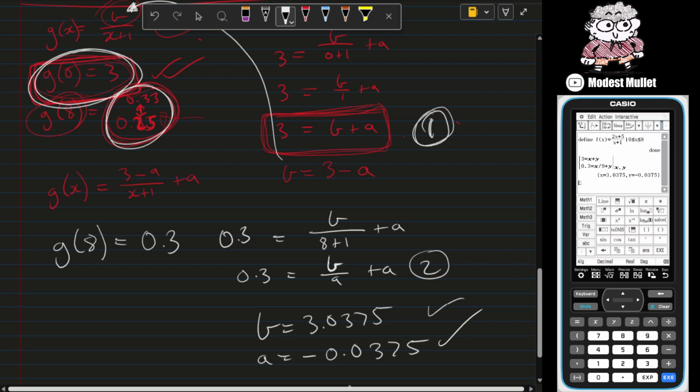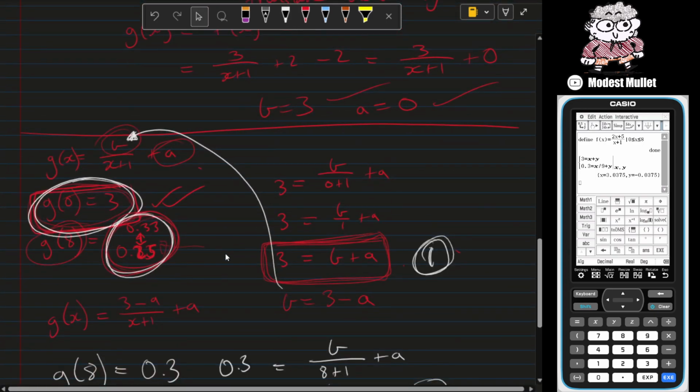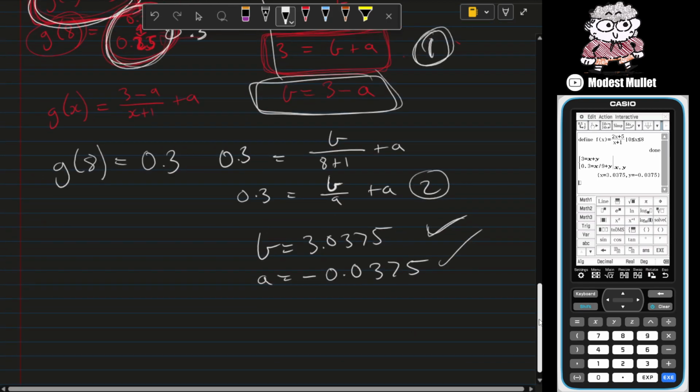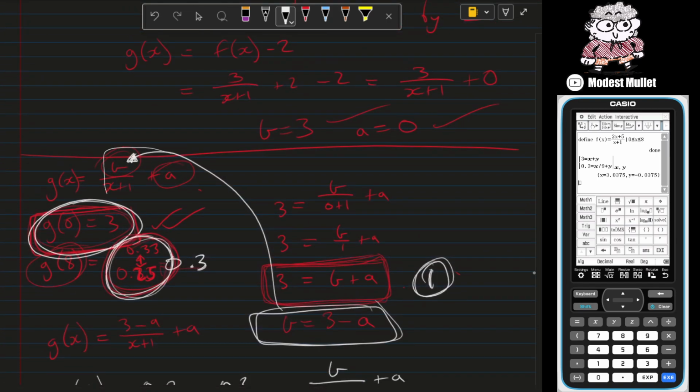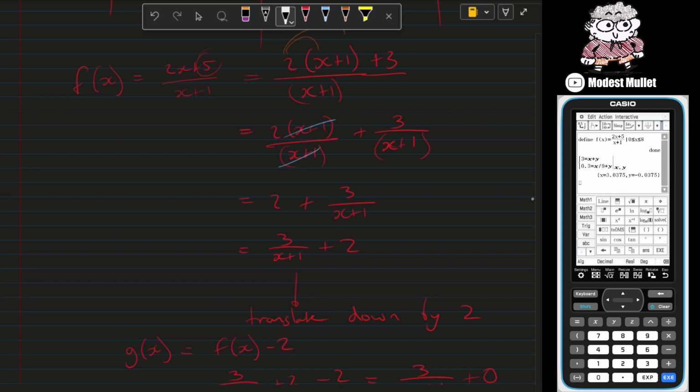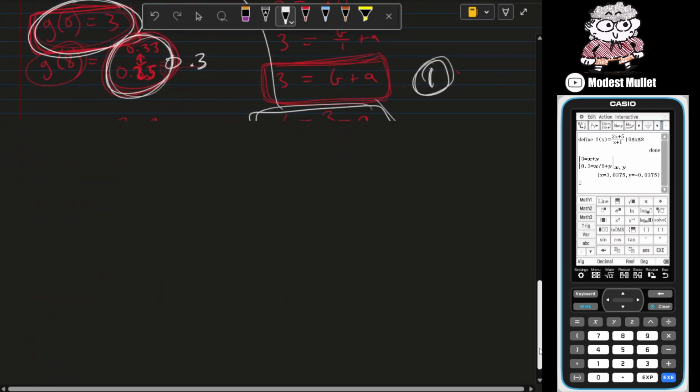So that would be one way to do it: when we need to go through multiple points, we can fix one of them and then solve to get a connection for what the other one needs to be. Or we can fix the second one as well. In this case, we fixed it at 0.3 and then used simultaneous equations to solve what the parameters in our original equation need to be. So there's a couple of different ways. We can do it graphically, or we can also recognize through transformations to meet requirements.